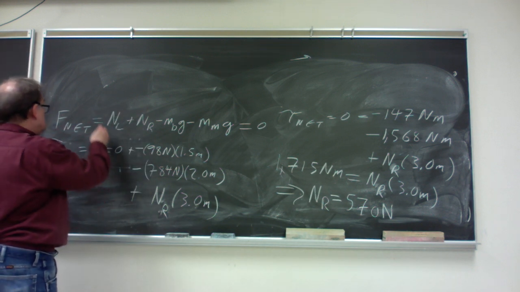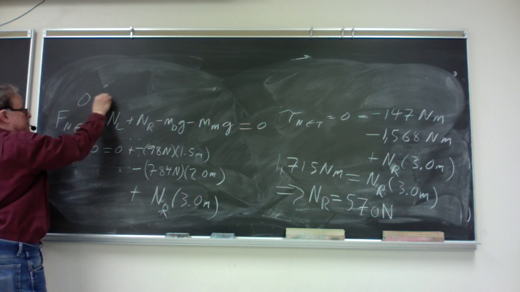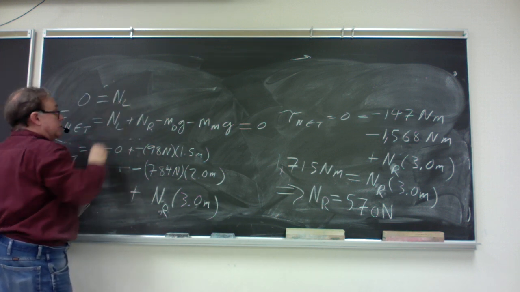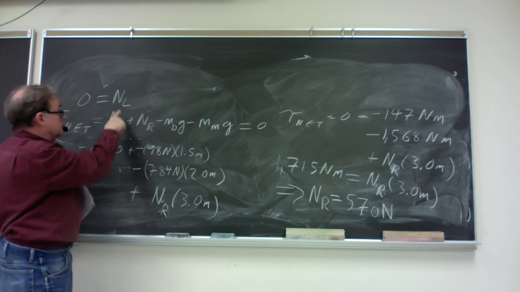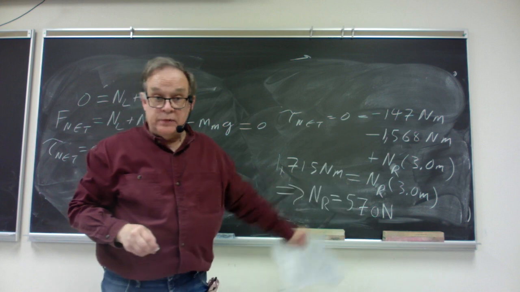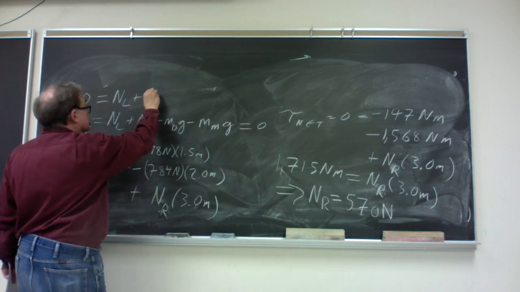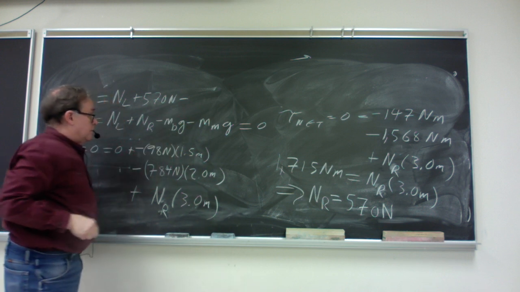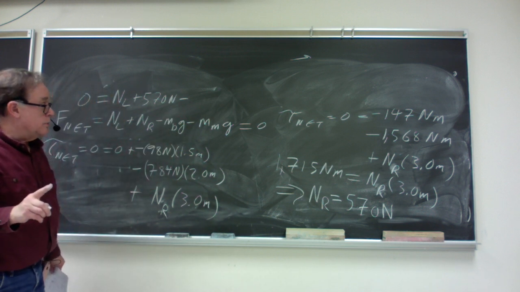So net force is 0 because we're in equilibrium, and that's equal to still unknown, but not for long, normal force at the left end plus normal force at the right end. We just found that to be 570. Minus the weight of the board.